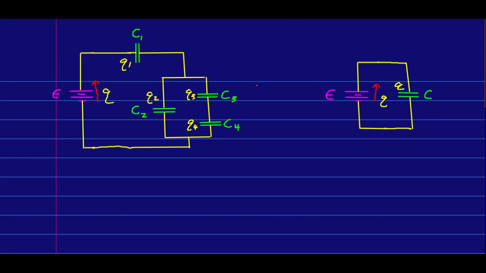We would then say that these two circuits are equivalent. And one way of thinking about equivalence of circuits is that the battery is doing the same amount of work. And so this capacitor would be the equivalent capacitance to this combination of capacitors.